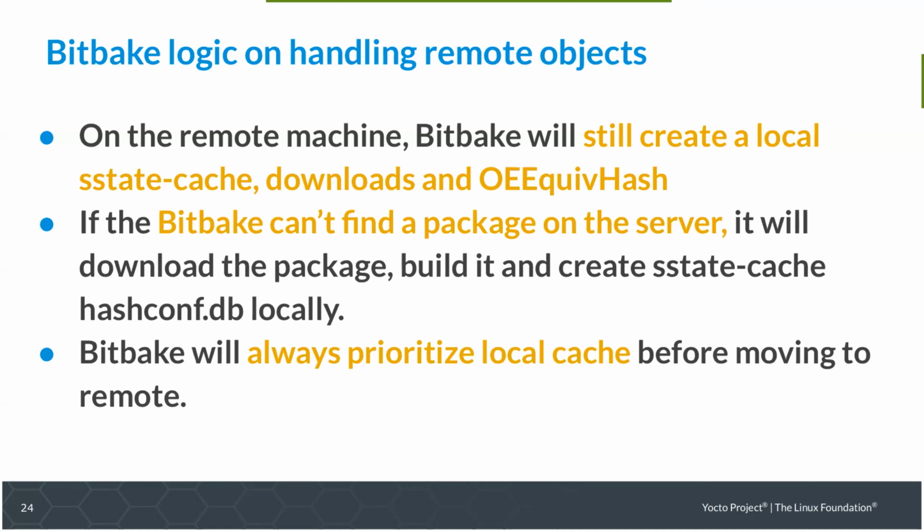And when you do a bitbake, if you don't find a package on the server, it will continue and do the standard procedure. It will download the package, build it, and create a state cache for it. Also, bitbake will always prioritize the local cache before moving on to remote, and it only goes to remote if it can't find the cache locally.